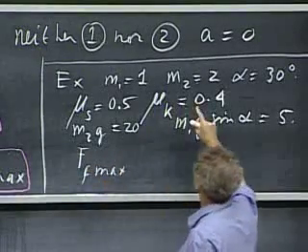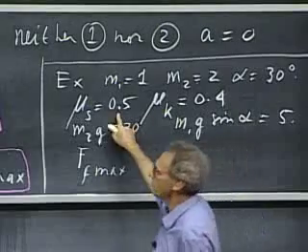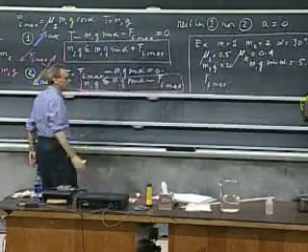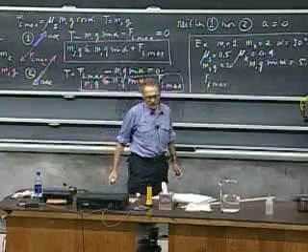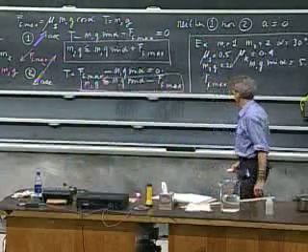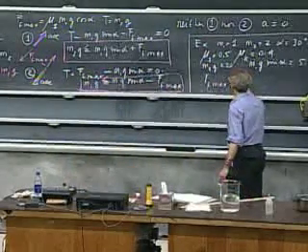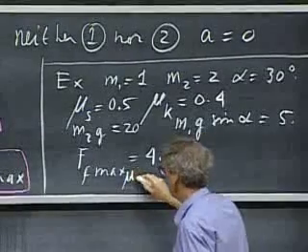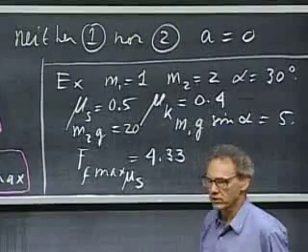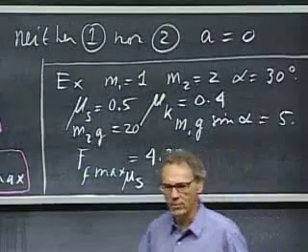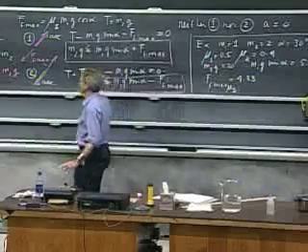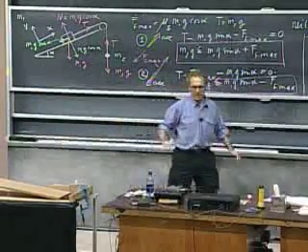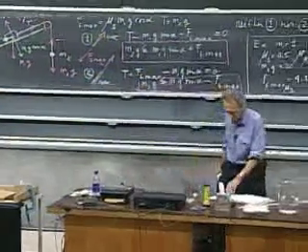I have to use for my friction coefficient 0.5. I have to use for m1g here a 10, and the cosine of 30 degrees. And what I find, you have to take my word for it, is about 4.33. And I want to remind you, I have used the static friction coefficient. And this is in newtons. I never put a capital N for newtons because that is very confusing with the normal force. All my units are always in SI units, so the force is always in newtons.